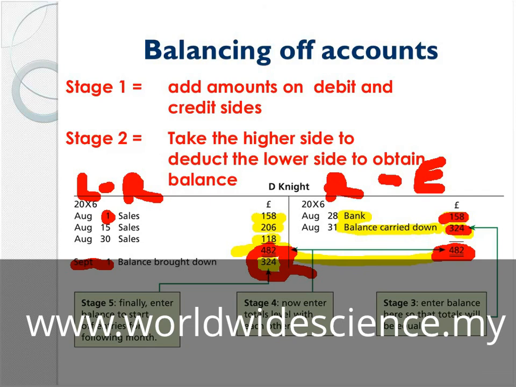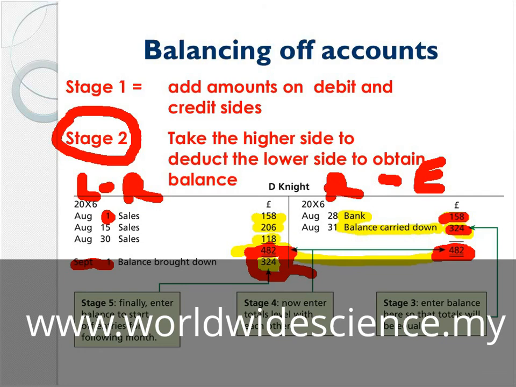Why do we have a balance carried down? Because according to stage number 2, we must take the higher side and deduct the lower side. We take the higher side, 482, and deduct 158, and we give the balance carried down as 324, right?